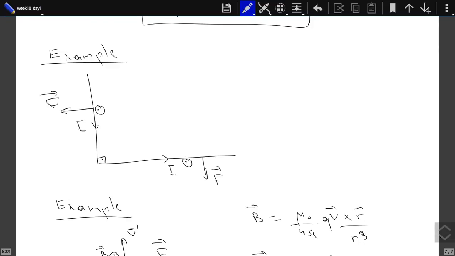As they open up, this gains a linear momentum in this direction. This gains a linear momentum in this direction. So my whole system is gaining a linear momentum in this direction. So linear momentum again is not conserved. There doesn't seem to be any linear momentum conservation here.